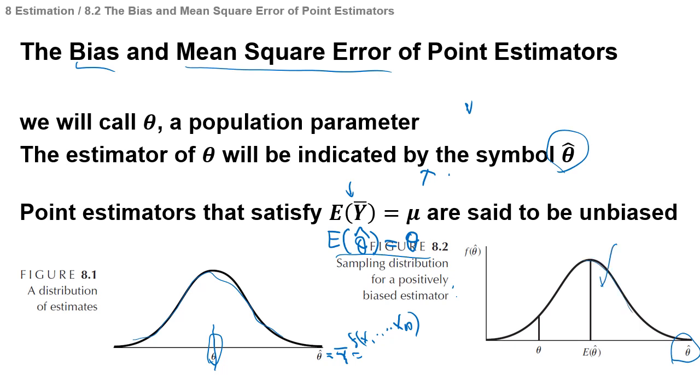In this case, the expected value of theta hat would be this point. If the true theta is here, then the expected value of theta hat is not equal to theta. So in this case, we say the estimator is biased, a positively biased estimator.